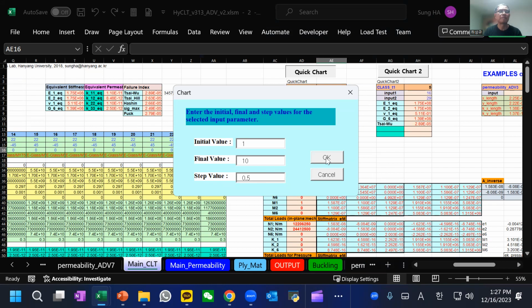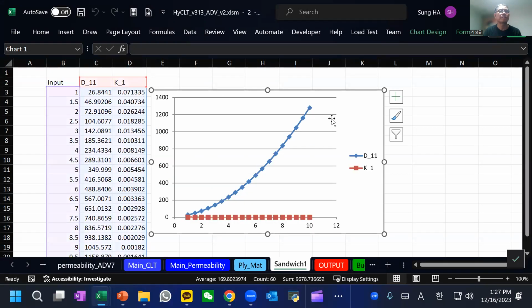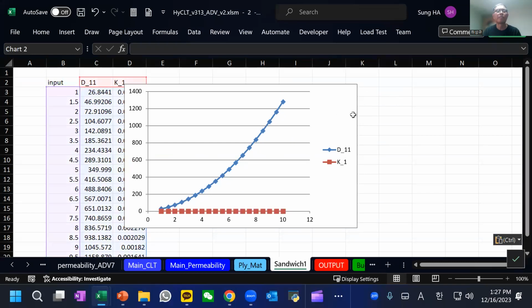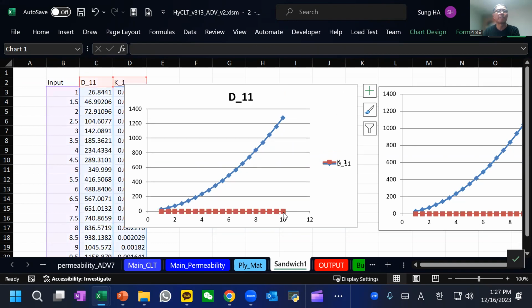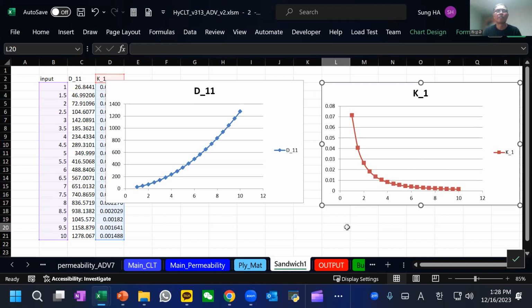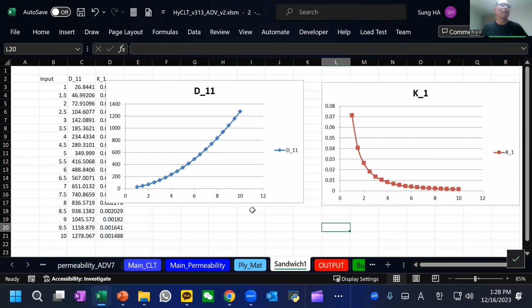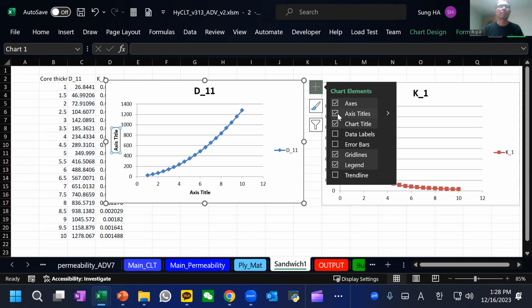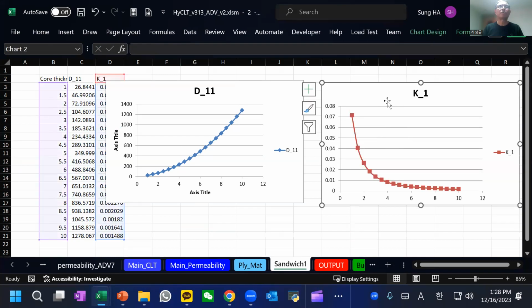Okay, so X is the thickness. So this guy is the core thickness, and this one is also core thickness.